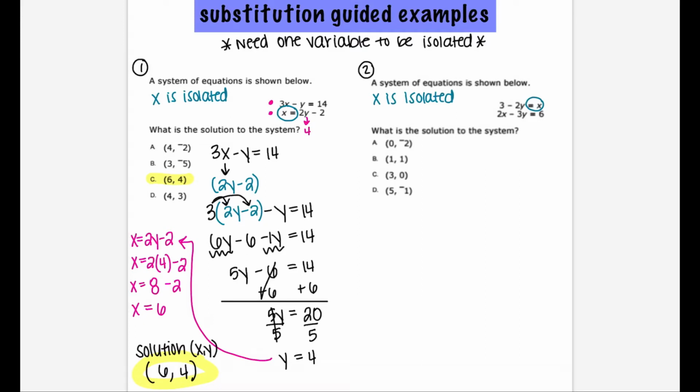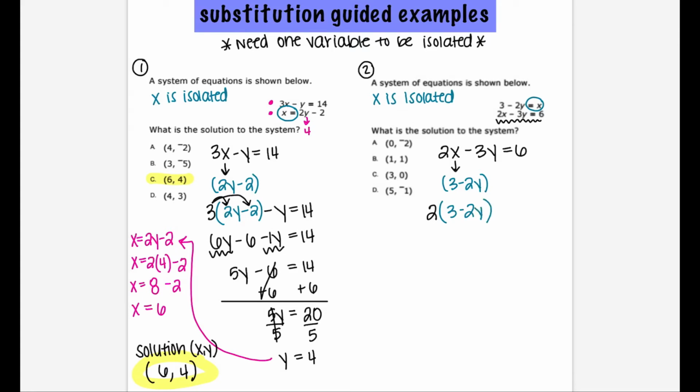All right, so if I know that x is equal to 3 minus 2y, then that means I can look at the next equation and since I know that x is the same thing as 3 minus 2y, then I can rewrite this equation by plugging that in.